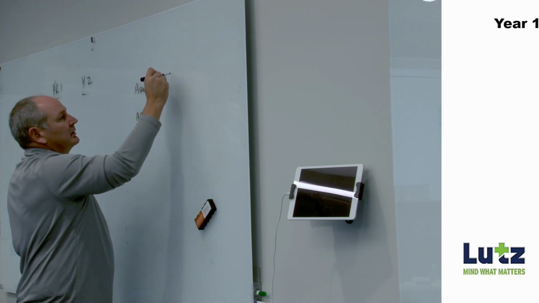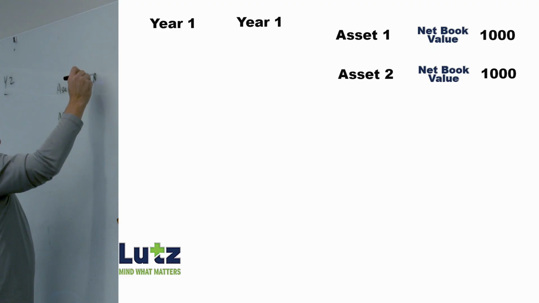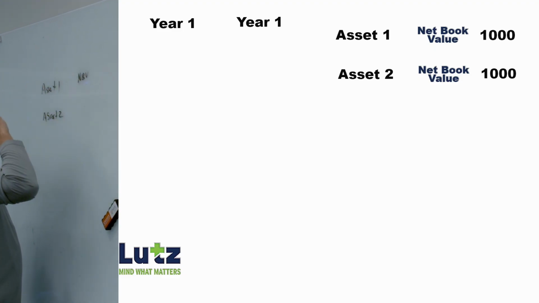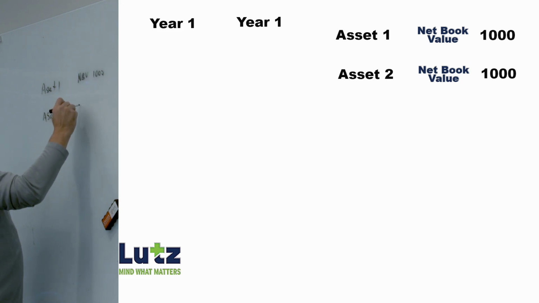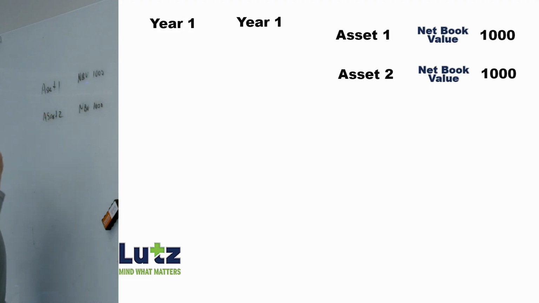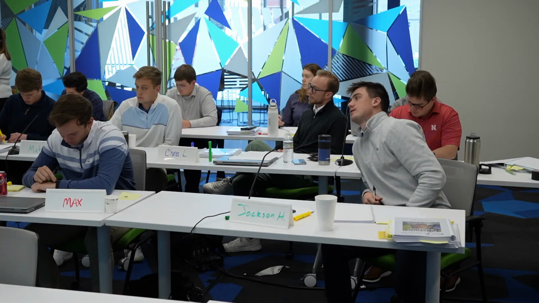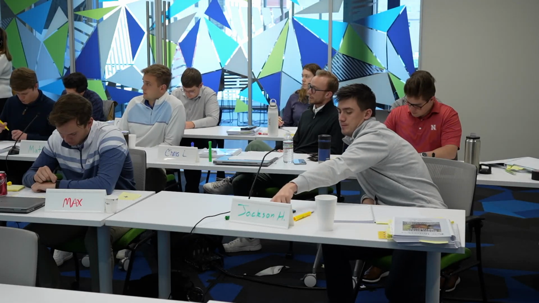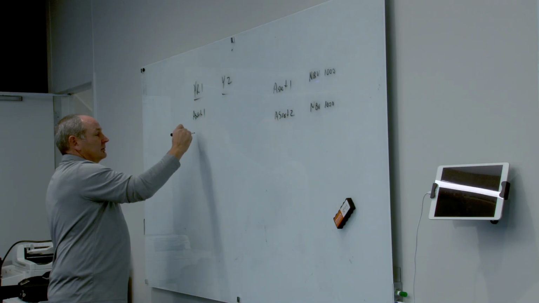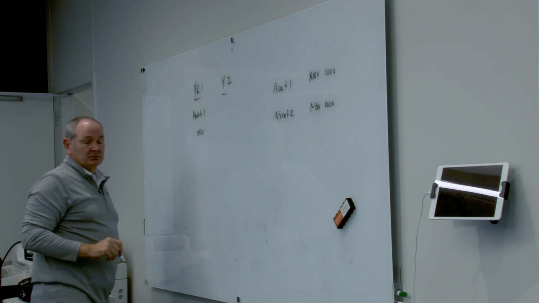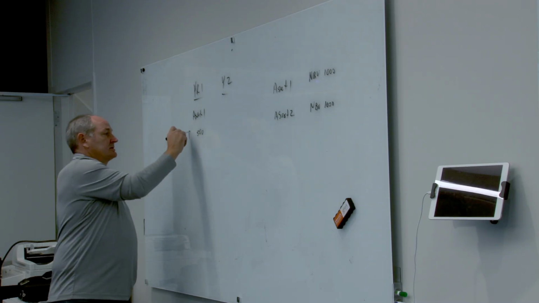And I'm going to say net book value, probably a good way of doing it, is $1,000 on both. If I sell asset 1 in year 1 for $500 proceeds, what's my basis?